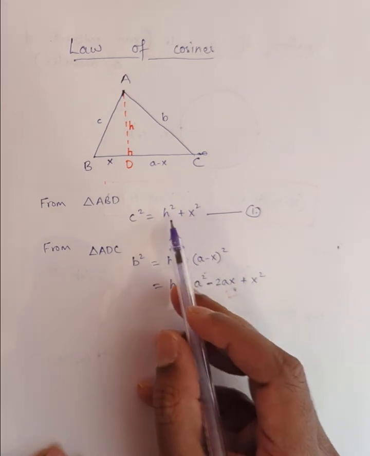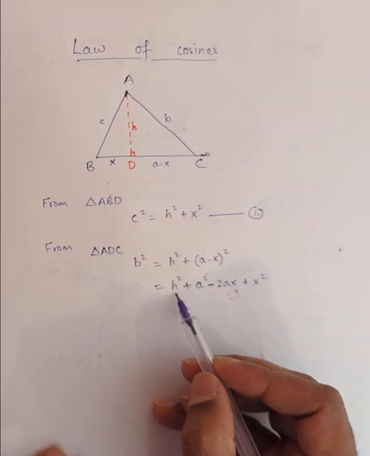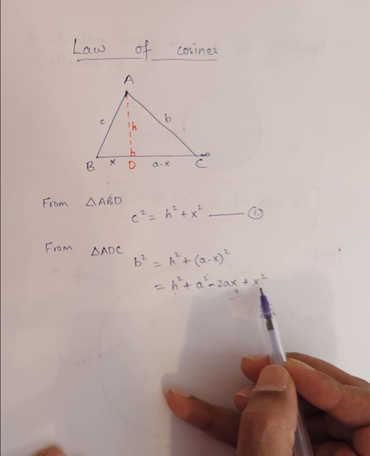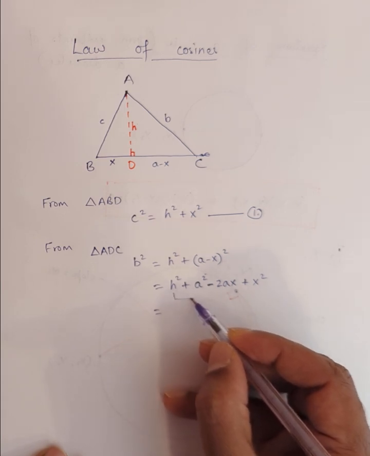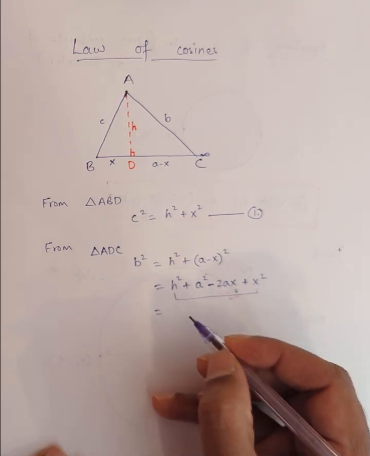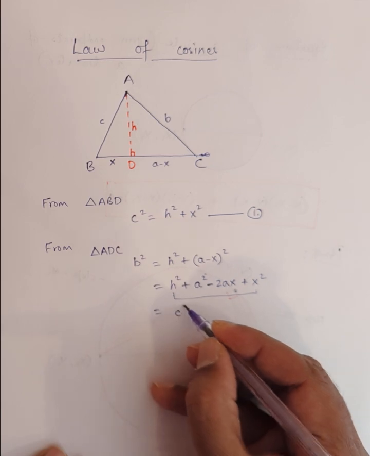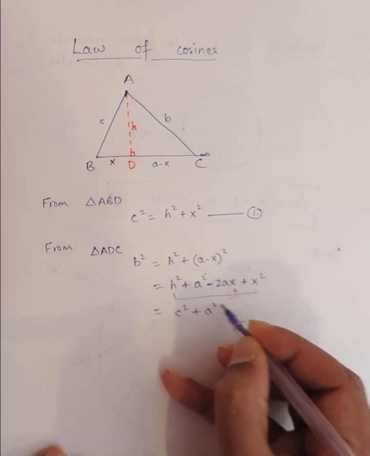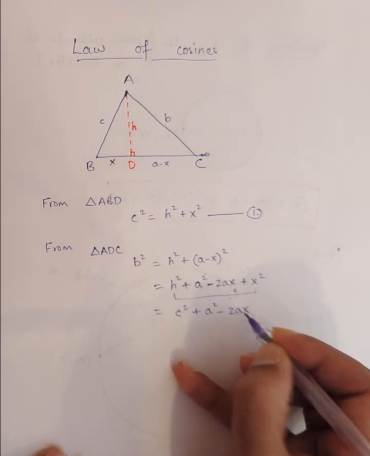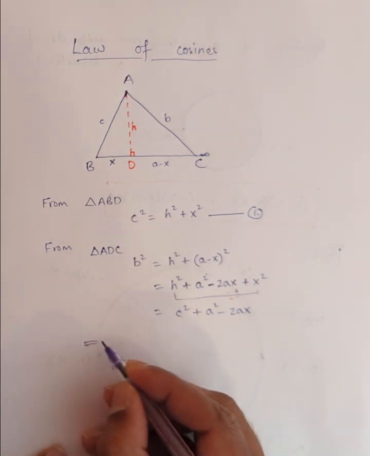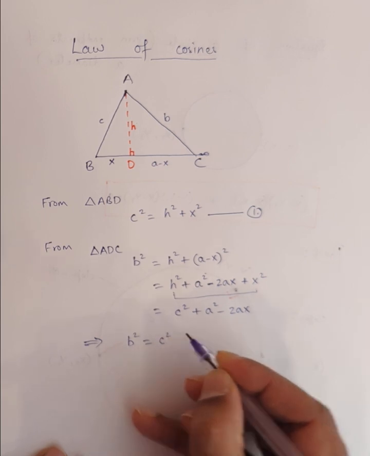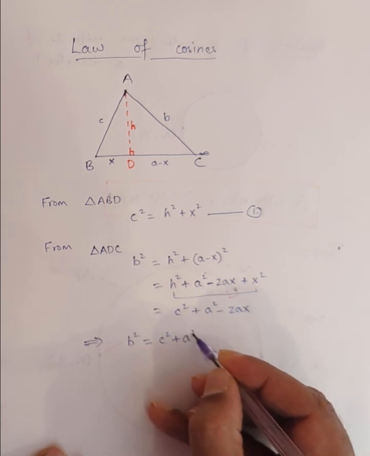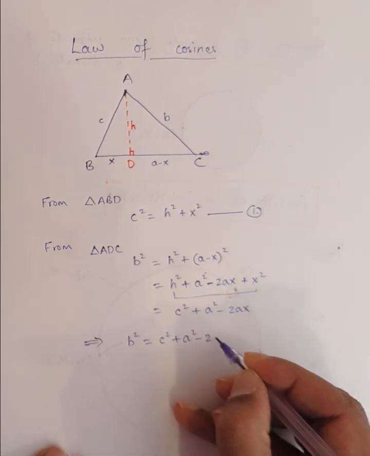But notice, there are these two terms, h square plus x square. I can combine these two and call it c square. So this is going to be c square plus a square minus 2ax.